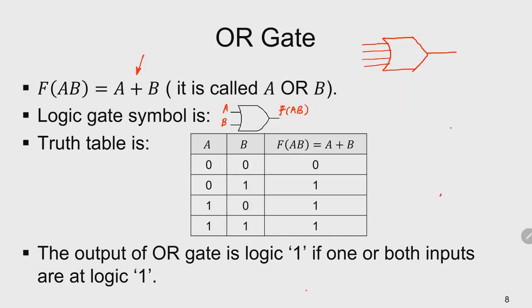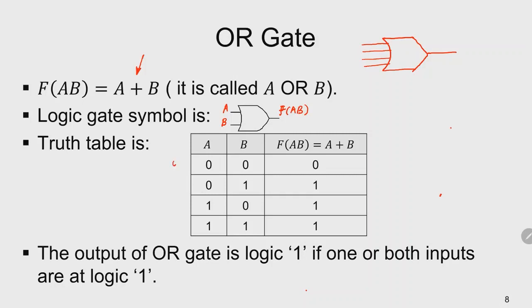And then the truth table. Okay, because we have two Boolean variables, A and B, the possibilities of all the inputs will be 4 different combinations. Basically you're going through your binary number system.